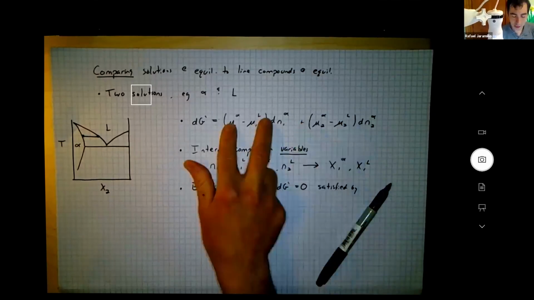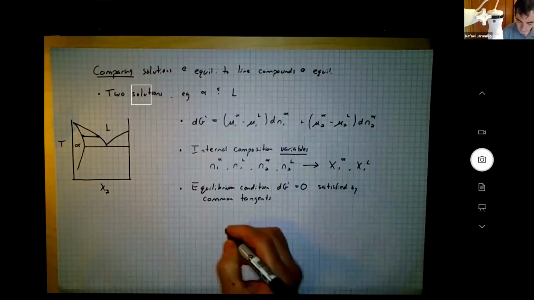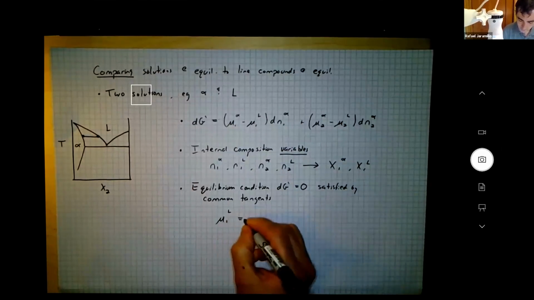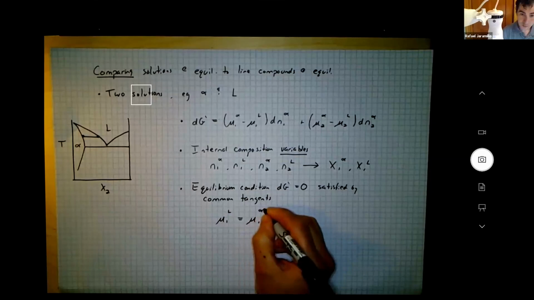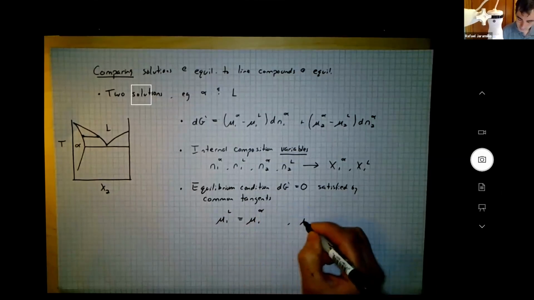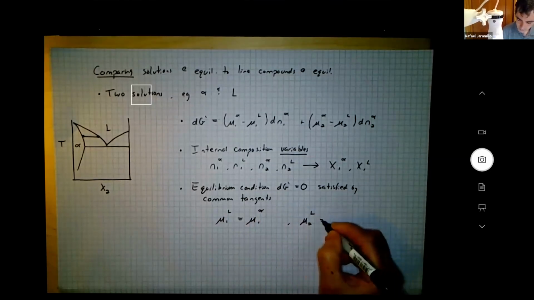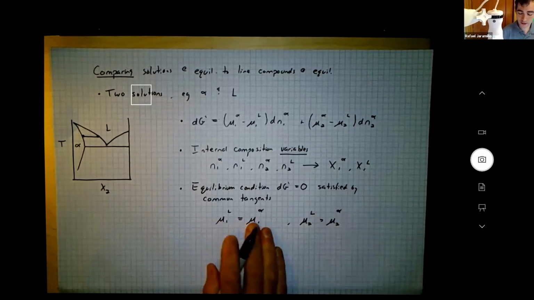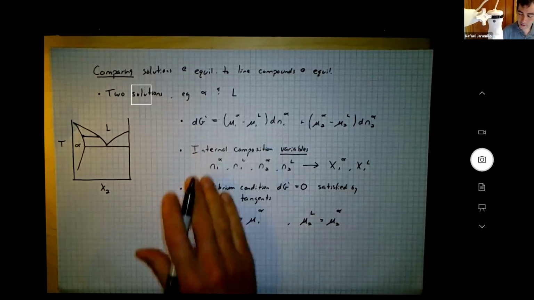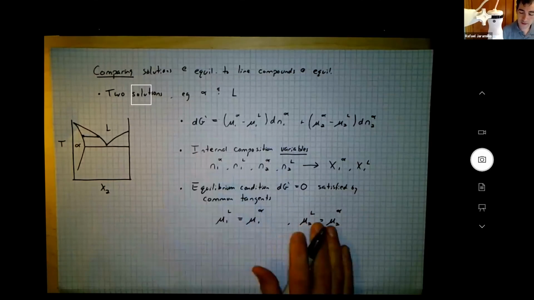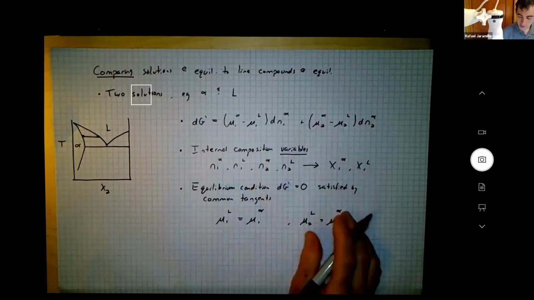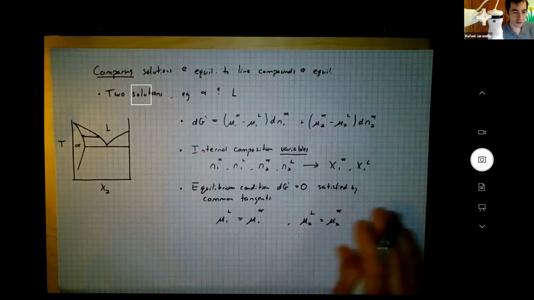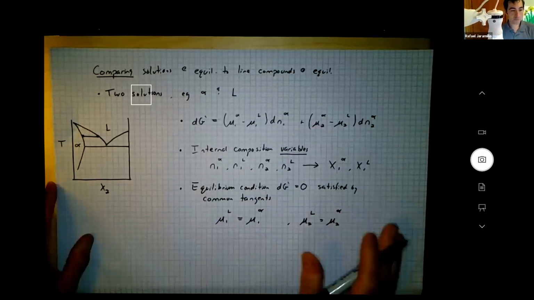That's what the common tangent ensures, that the coefficients are 0. Chemical potentials are the same in both phases, so that the coefficients are 0. That's ensured by the common tangent construction. So this is recalling. Now let's imagine two line compounds.